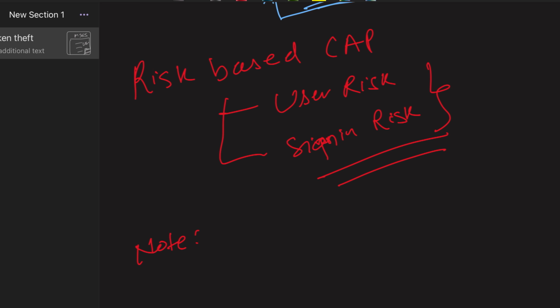In a single conditional access policy you cannot use user risk and sign in risk together, that is not recommended. So you should have two conditional access policies, one for user risk, one for sign in risk.